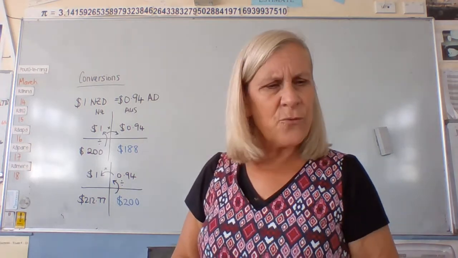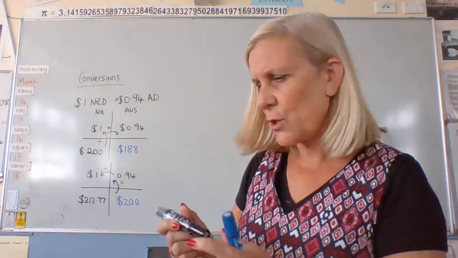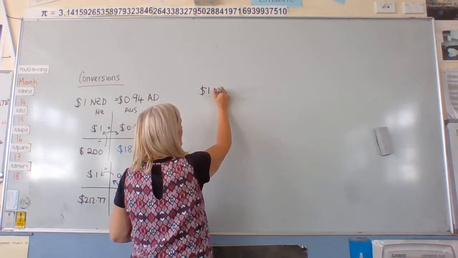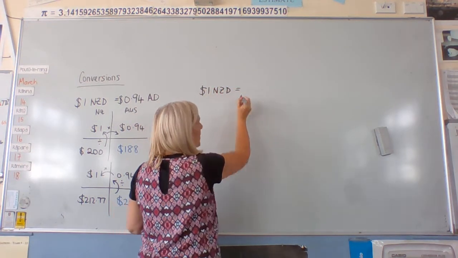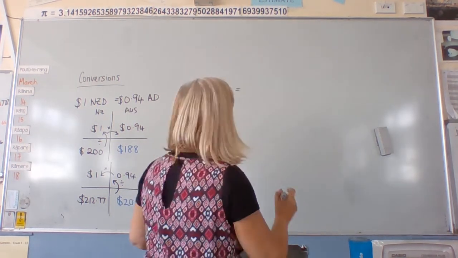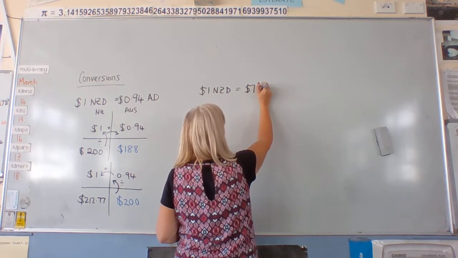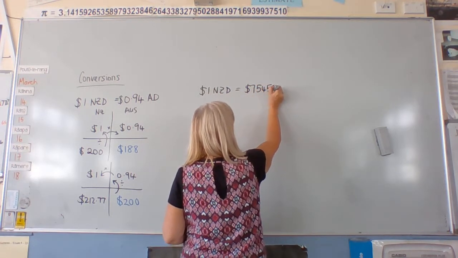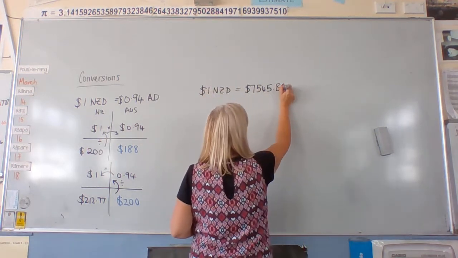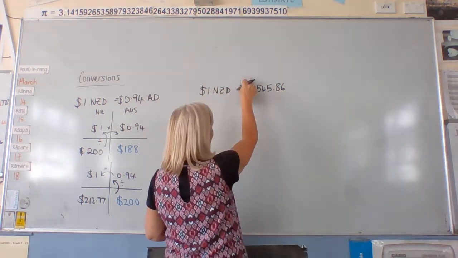Some countries have really terrible exchange rates. So at the moment, today, $1 in New Zealand is worth, let me get it right, 7,545.85, not dollars, because they don't have dollars in Uzbekistan.